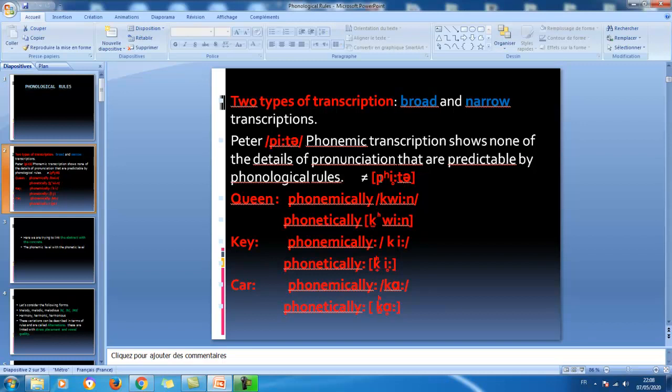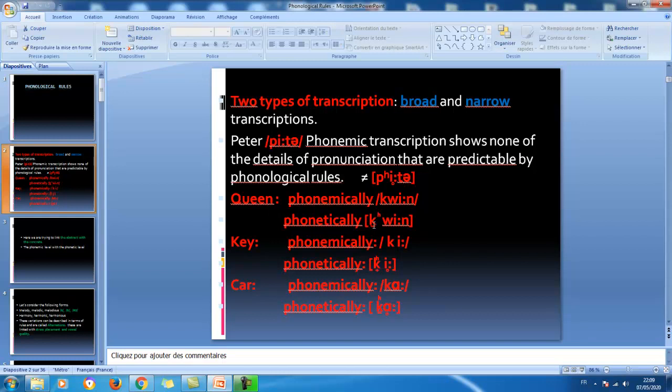So in this kind of transcription that we call narrow or phonetic transcription, we try to put as many phonetic details as possible, taking the shape of these diacritics. Now also we have got the word queen, which takes as a shape the phonemic transcription, queen. Now here we have got the phonetic transcription of it.